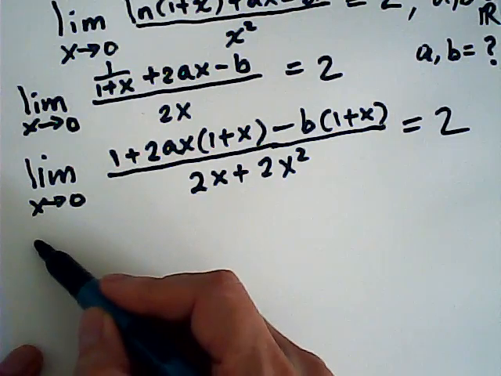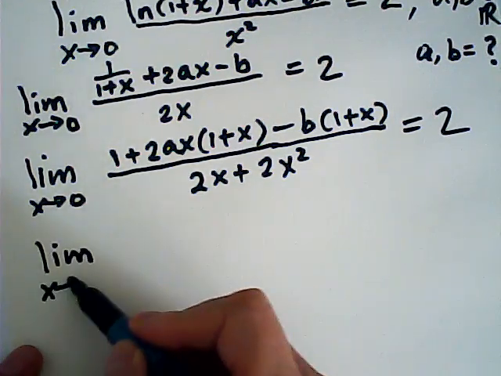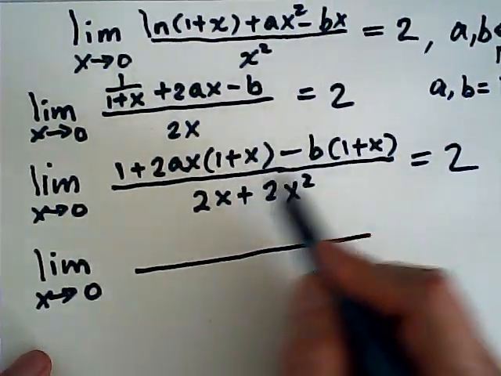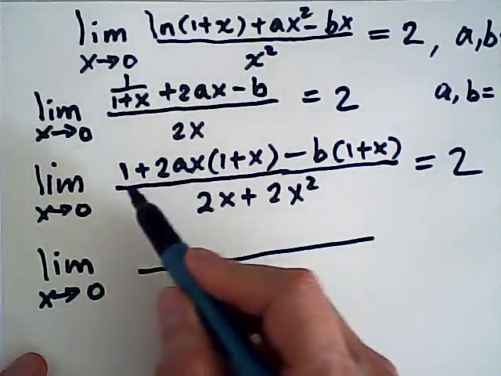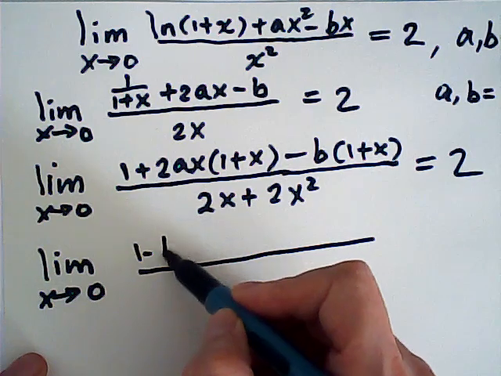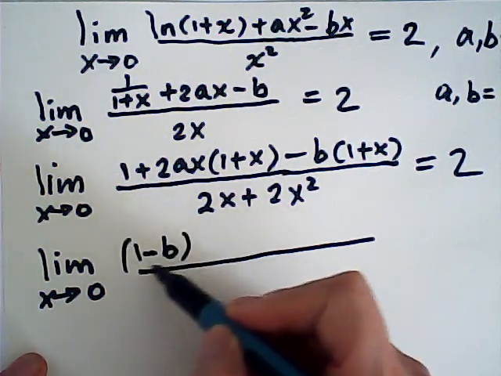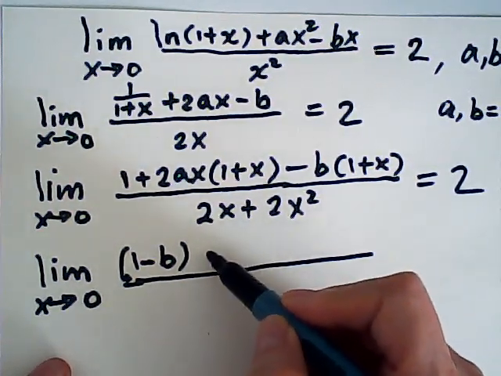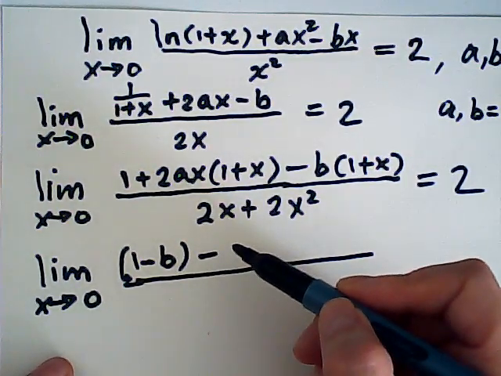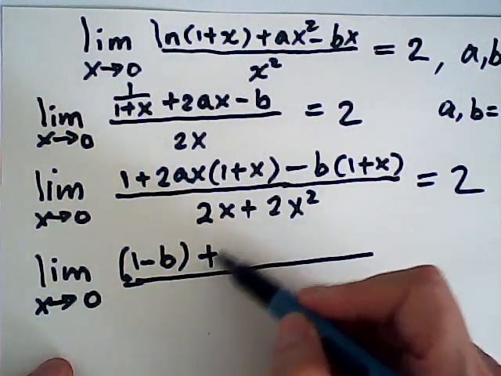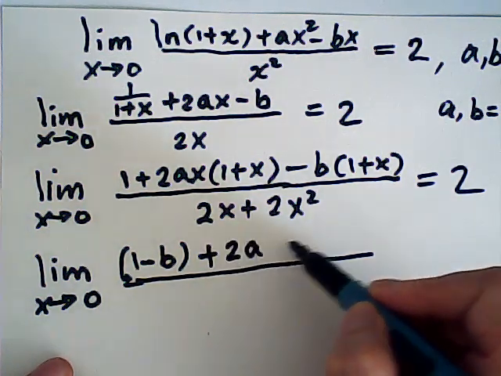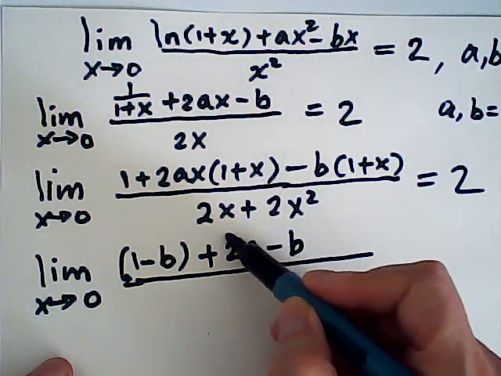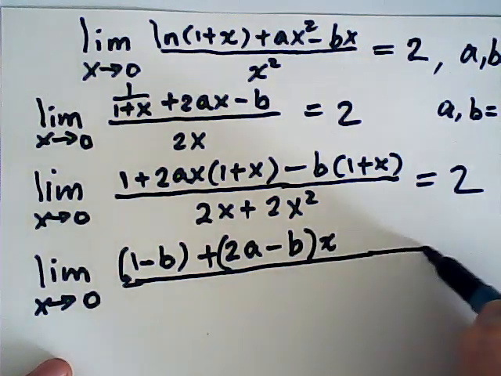Now, we don't simplify, but rather group the like terms. This 1 minus b, they are constant, plus 2a minus b times x, right?